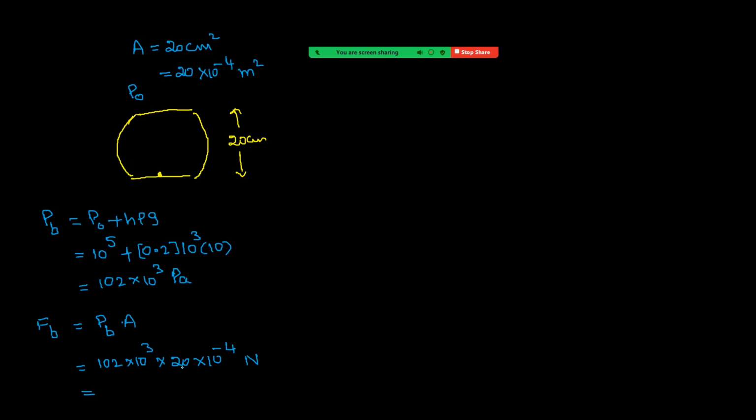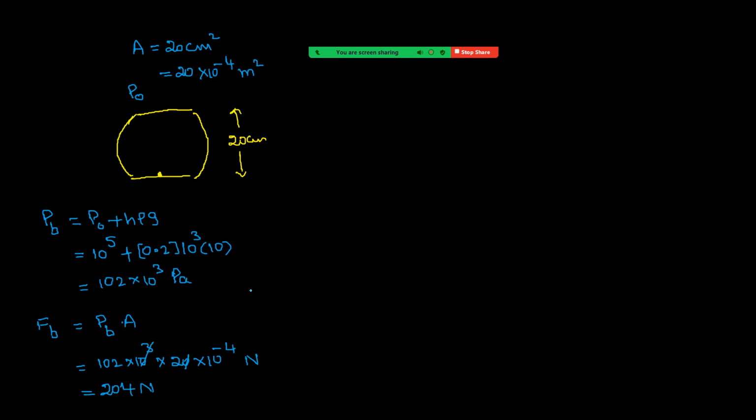Now see the calculation. 10 power 3 and 10 power minus 4 get cancelled. Remaining is 2 into 102, that is 204 Newton. This is the force by liquid on the bottom of the vessel. That's the first part we had to calculate.